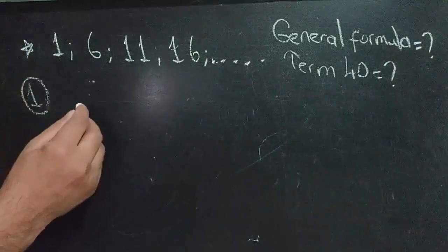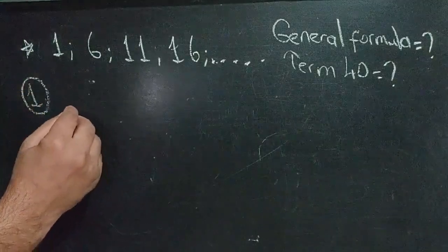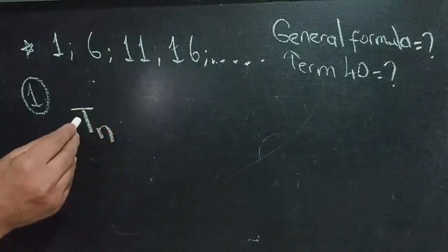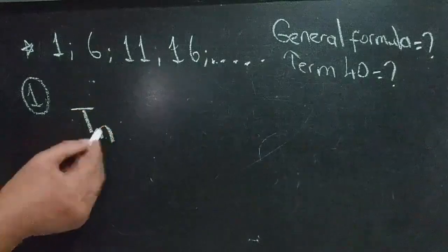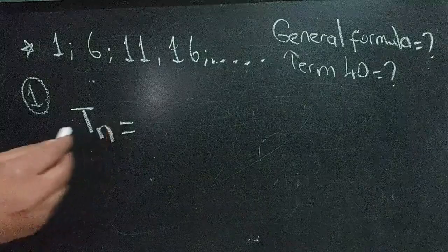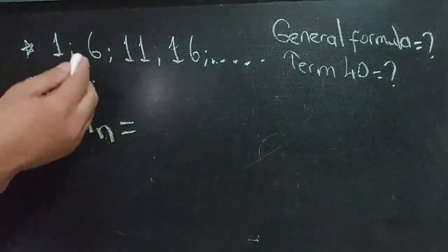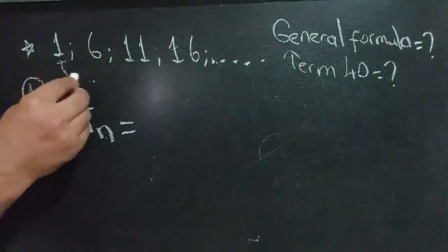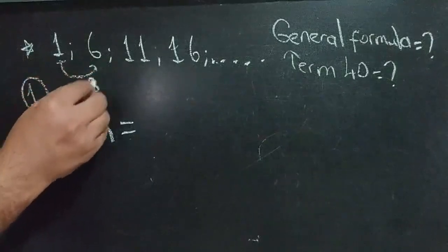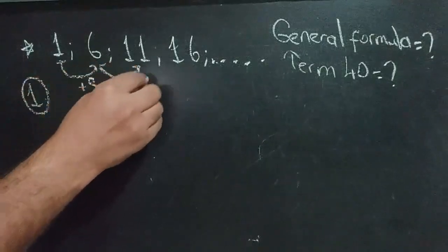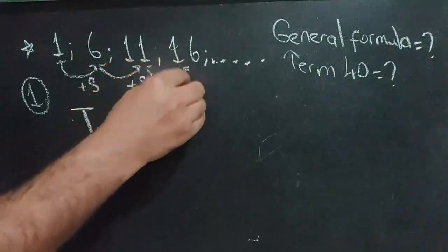All right, now, the first method, listen properly. So look, let's say Tn, term n, general formula equals to. Now you are going to find the constant difference between them: plus 5, plus 5, plus 5.